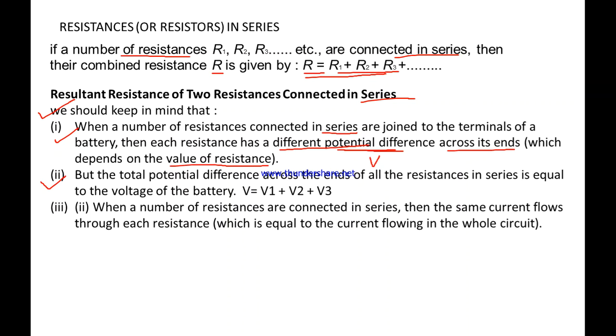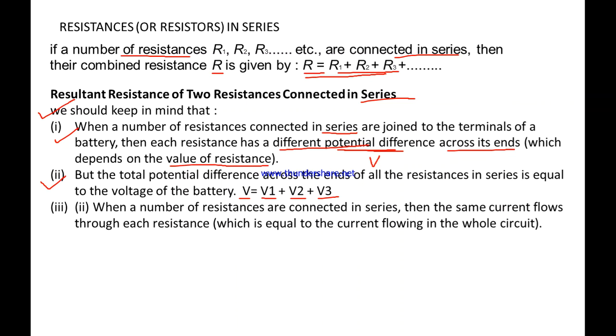Now let's see the second point. The total potential difference across the ends of all the resistances in series is equal to the voltage of the battery. So V is the potential of our battery that is connected as a power source. We can write V1 as the potential difference for resistance R1, V2 for R2, and V3 for R3.